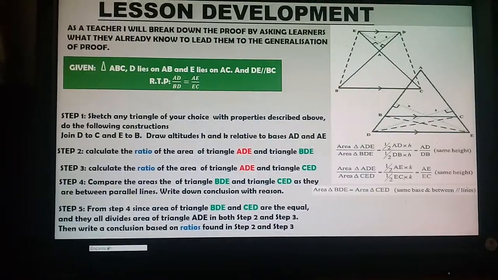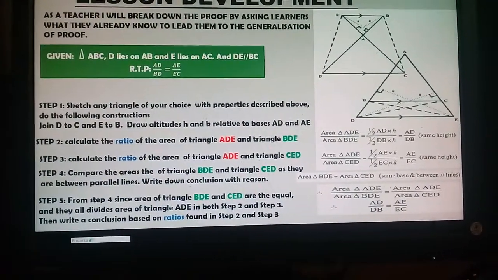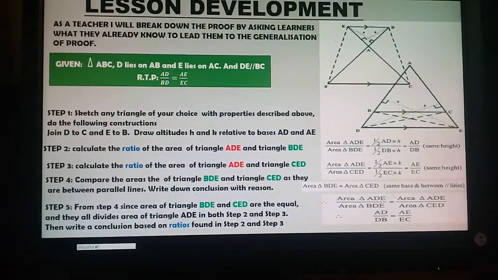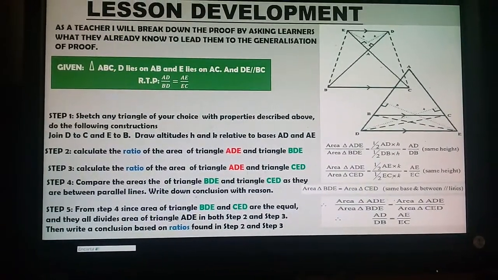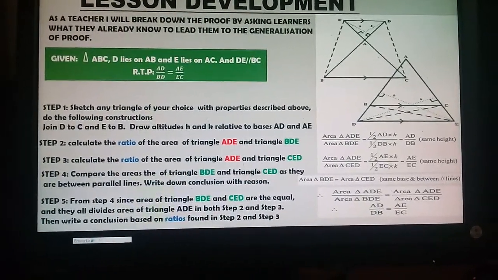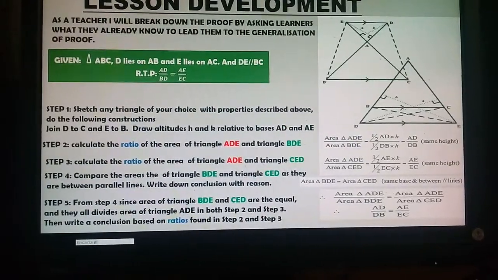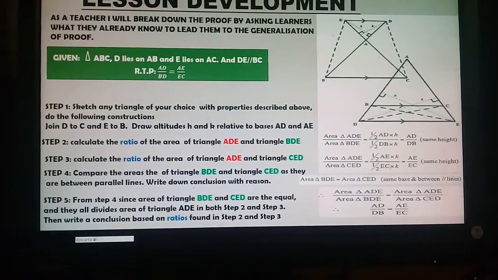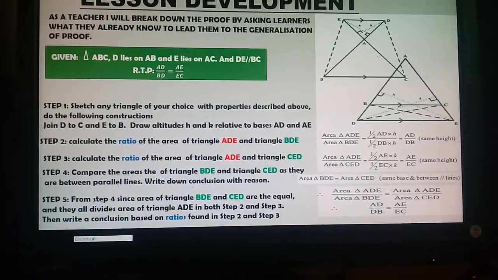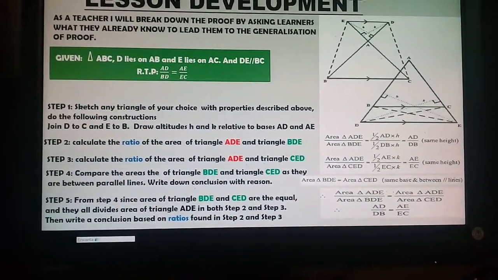It means now I can conclude that the area of triangle ADE divided by the area of triangle BDE from step 2 is equal to the area of triangle ADE divided by the area of triangle CED from step 3. Then we substitute those areas and simplify.